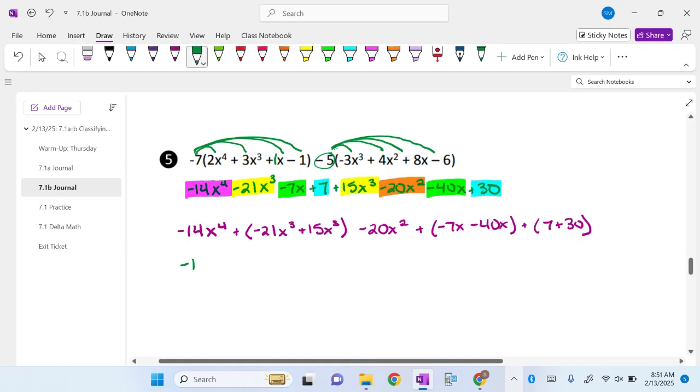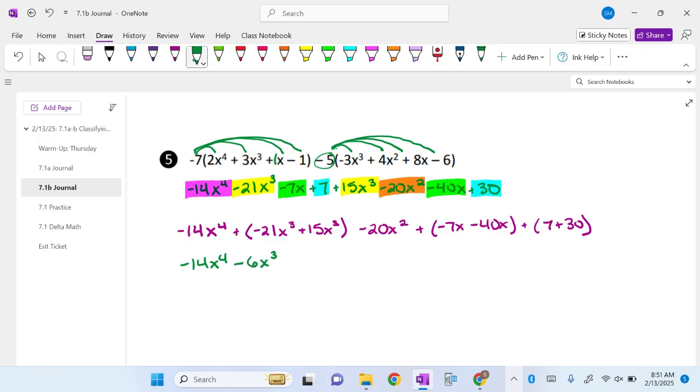So the negative 14x to the fourth comes down. What's negative 21 plus 15? So think about it this way. What's 21 minus 15? It'd be 6. So this would be a negative 6x cubed because the 21, the bigger number, is negative. Bring down the negative 20x squared.